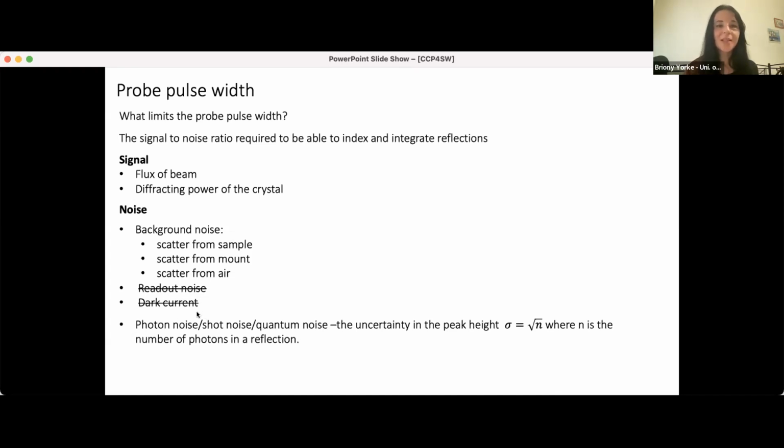Using new detectors now, we have very little noise introduced by the detector. And we also have photon noise, shot noise, and quantum noise. That's just the difference in the number of photons each time we do the experiment coming out of the synchrotron.